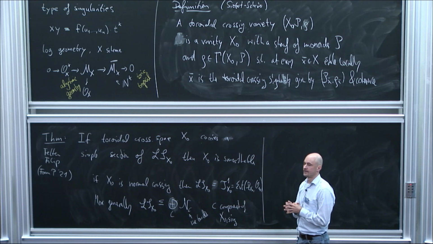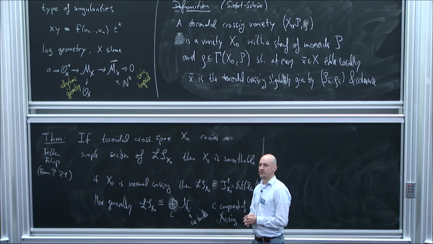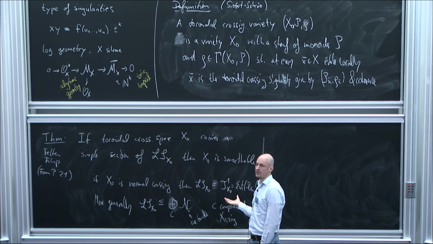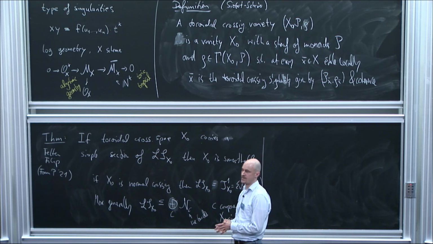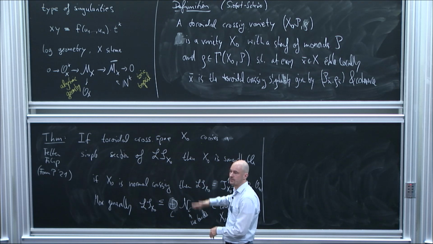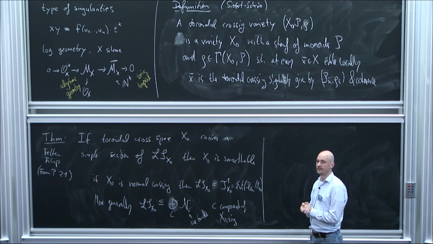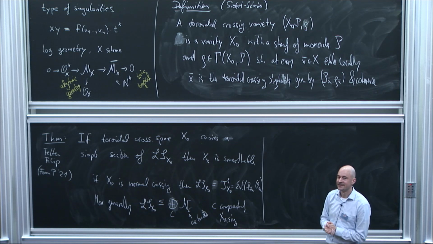The main point, which I haven't been able to do today, is that you want this to also work for more general sections. That's what I'm currently working on with Felten, Philip, Petracci, and Corti. So we make this theorem also work for more general sections. What do you mean by transverse?